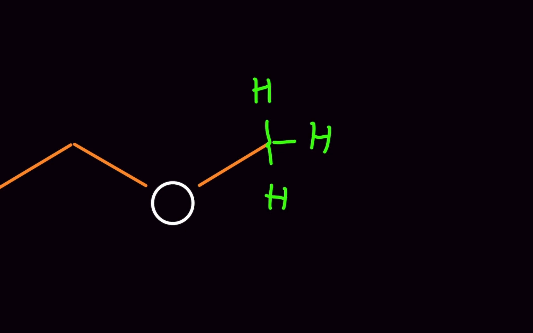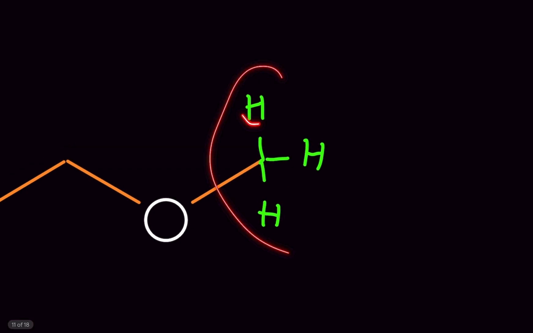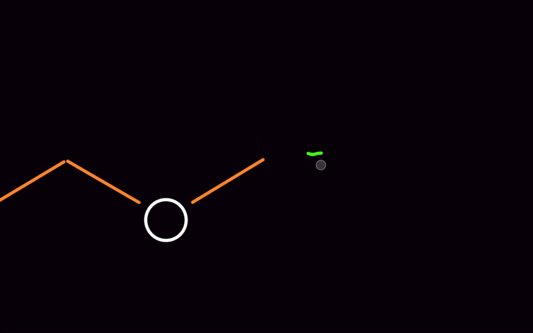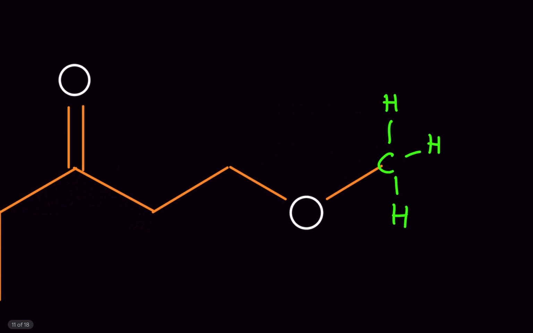People think there's no carbon here because he didn't draw it in. They just think there's hydrogens here. There's a carbon here. And this is going to screw you up. So that's why you draw it in. You wouldn't believe how many people I've seen make this mistake.